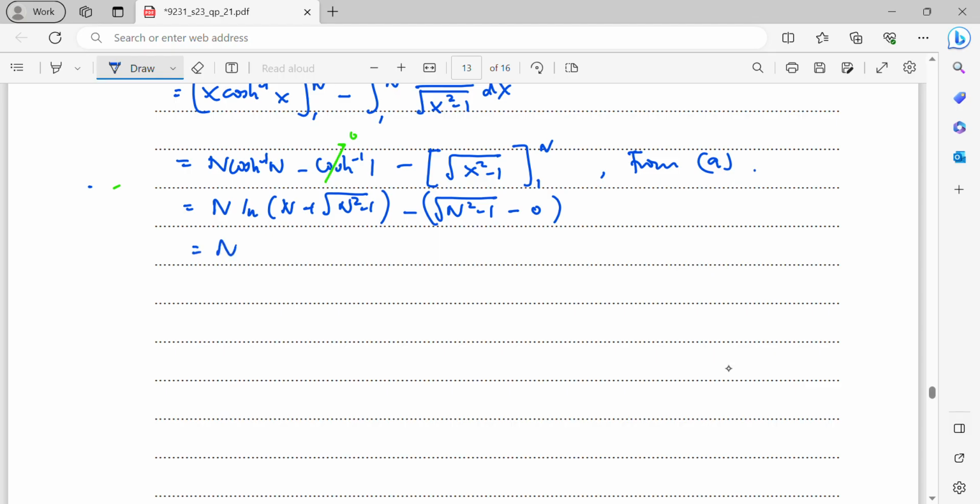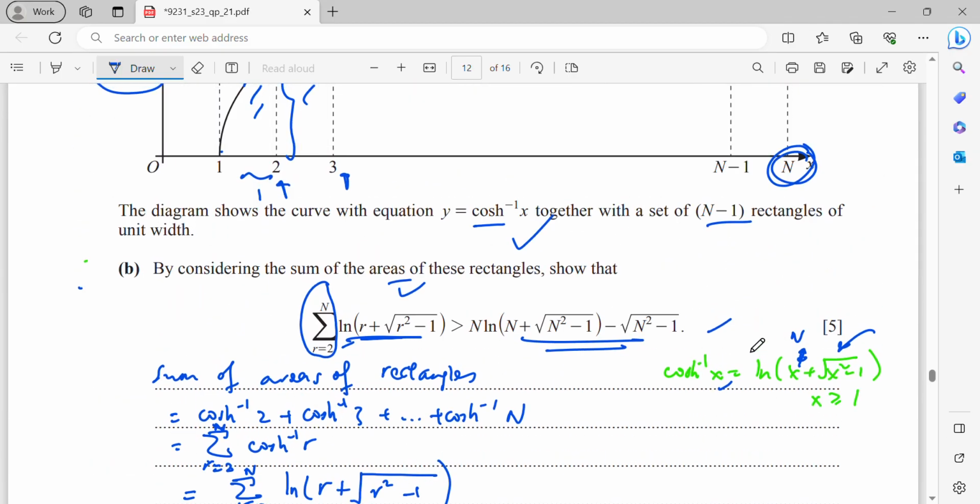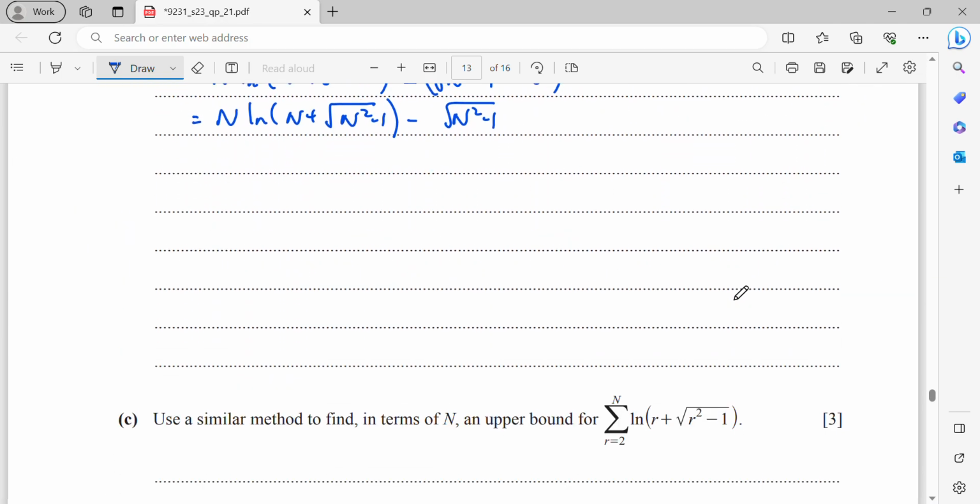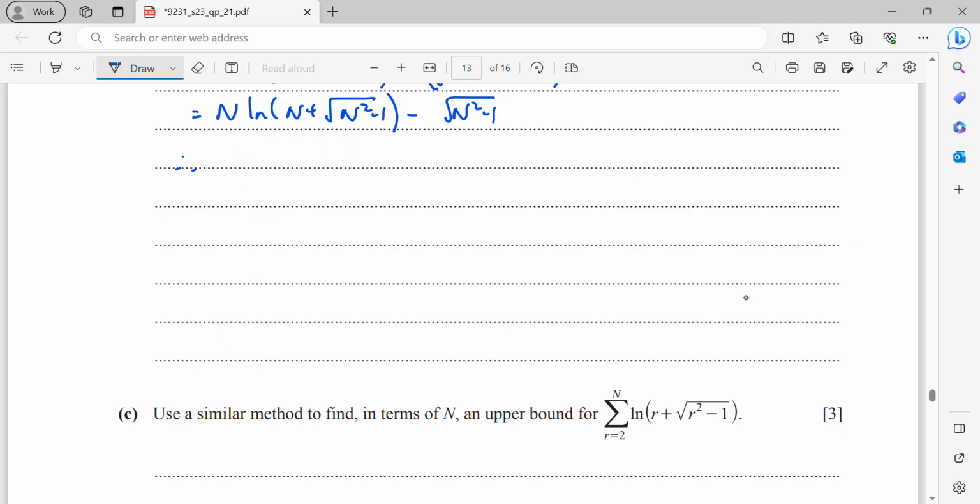So from here, I'm getting n ln of n plus square root of n squared minus 1, minus square root of n squared minus 1. This is the same as here. Exactly the same. Therefore, you can just write the sum of areas of the rectangles is greater than the area under the curve.